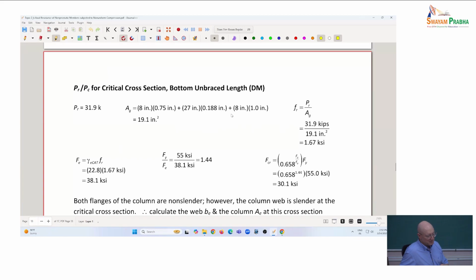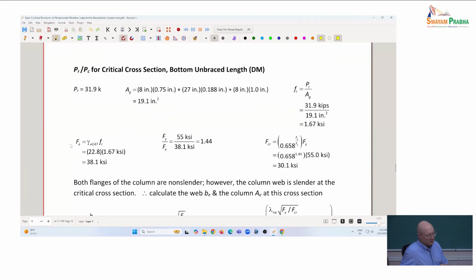Once we've got Fr and the governing elastic buckling mode, which was the constrained axis torsional buckling mode eigenvalue, we multiply Fr by gamma E. We've got our Fe at that cross section at incipient elastic buckling of the column. Let's take that into our column strength equation.